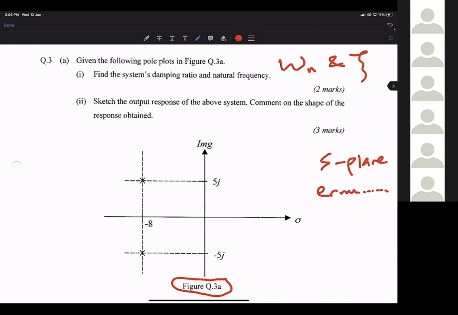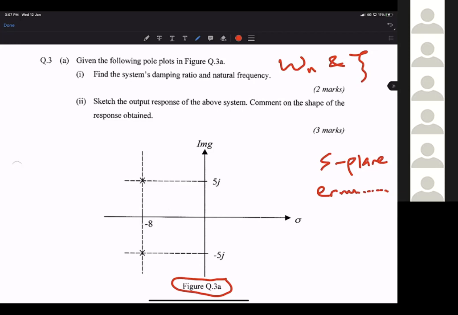The negative 8 is in the middle, the doctor taught that the other day. And then we do the Pythagoras theorem, because zeta omega n is equal to the negative real part.